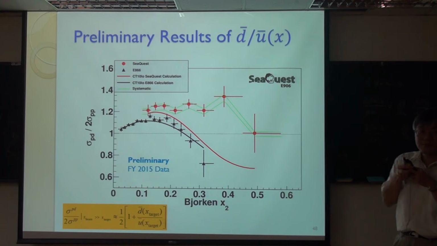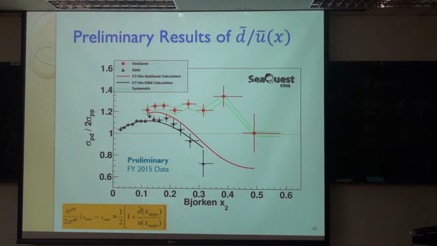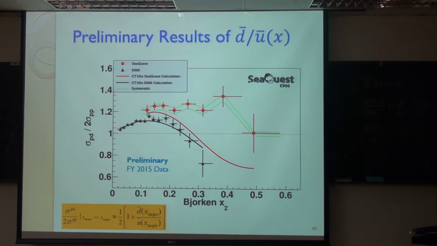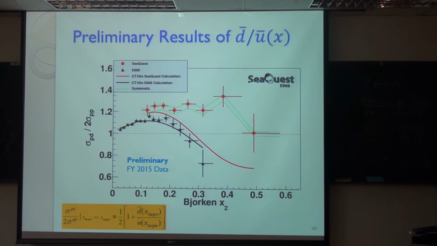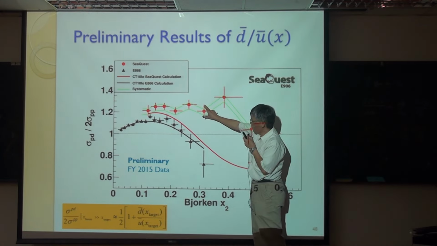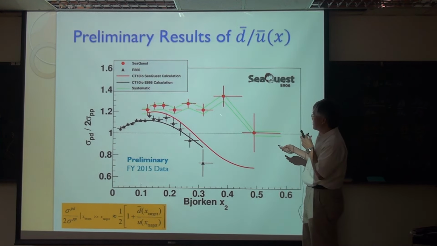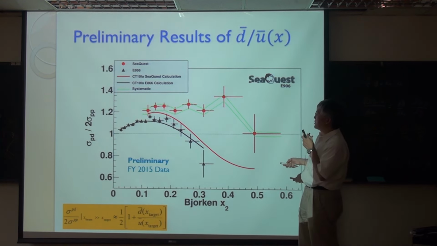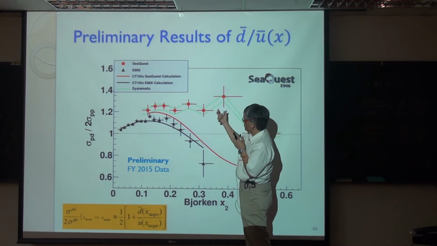Another question is, why do your data have worse resolution compared to E866? Worse? You mean where is worse? Well, you have a bigger error bar, uncertainties, right? No, for example, here we are better. We are definitely better vertically. Horizontally, that was due to the binning, because here we want to put the same, meaning in principle you can reorganize your data bins.